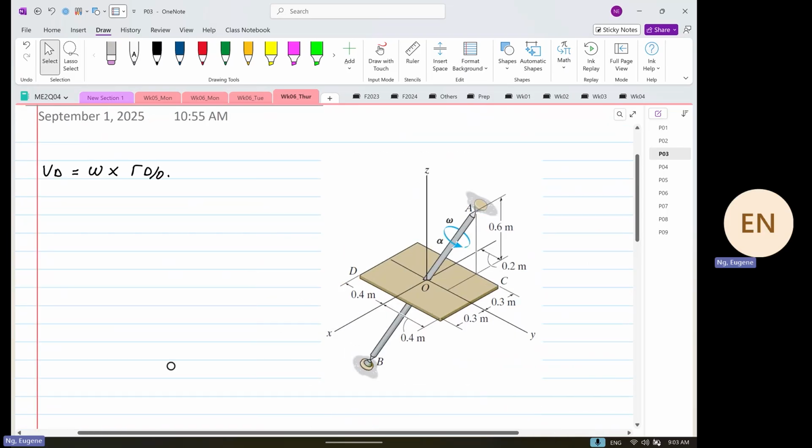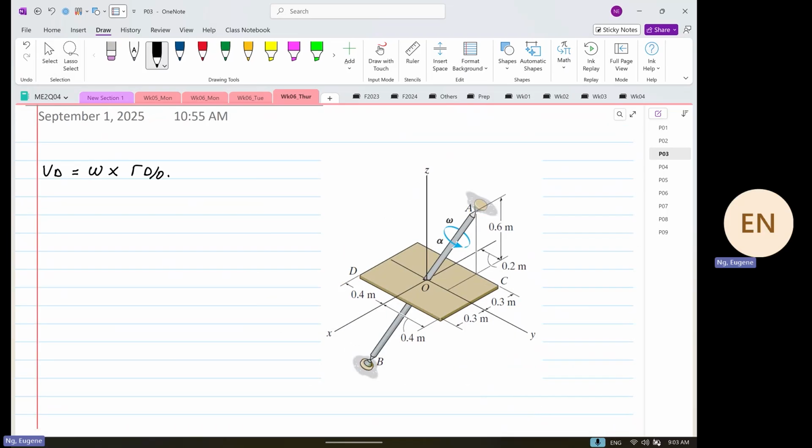So now the reference is always at O, right? So now we are going to determine the direction. Direction is not good enough. The position of point D from O. Let me write my D properly.